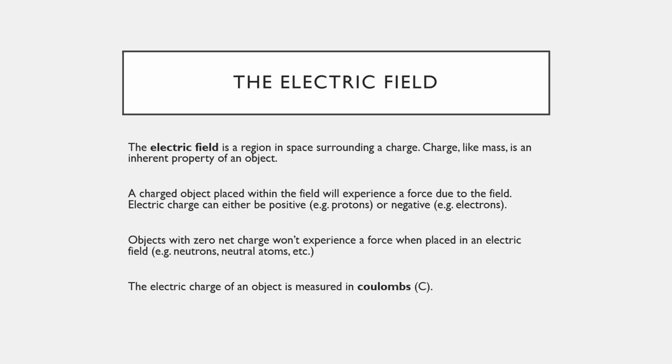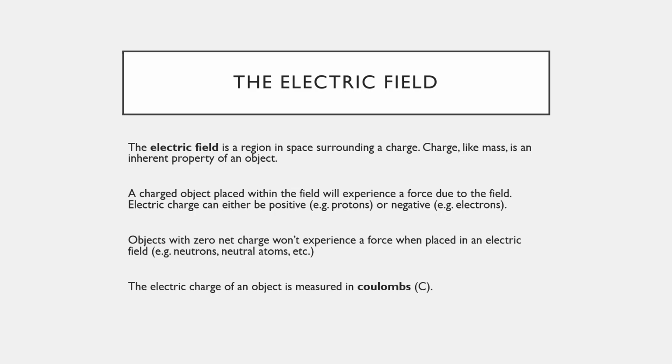Charge, like mass, is an inherent property of an object. Just as atoms and molecules, which compose bigger objects, have mass, that's just a property of that particle. Charge is also just a property of the particle. It's just a thing that a particle has.